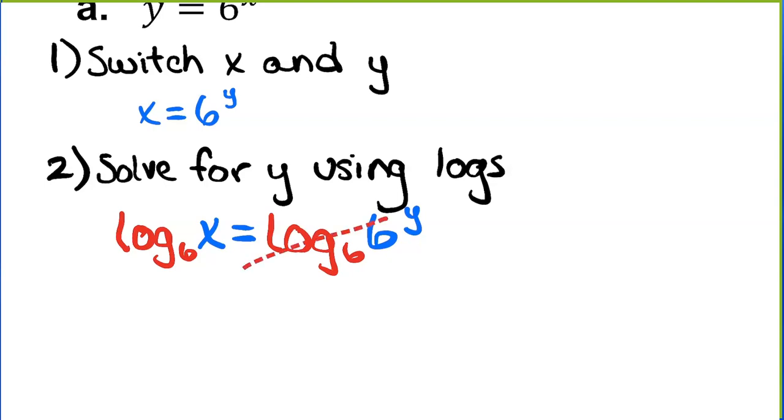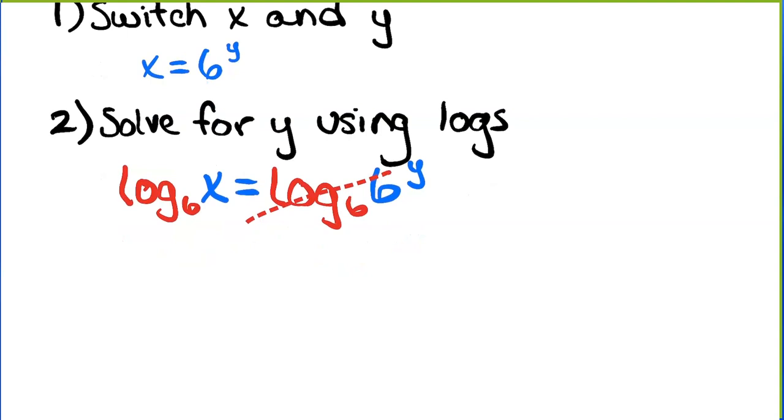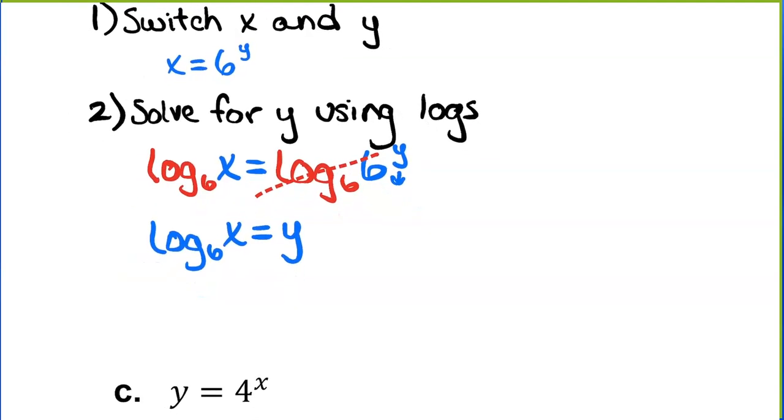But again, these will cancel out. When they cancel out, this y goes down to the normal level. So you're left with log base 6 of x equals y. And then just because we want it in standard form, it should go y equals log base 6 of x.